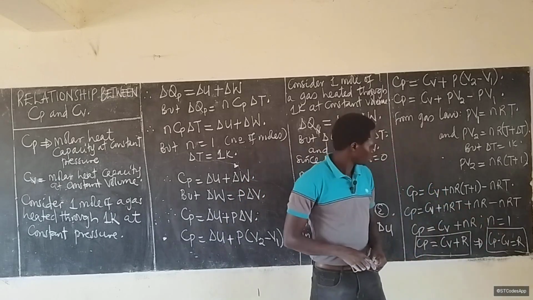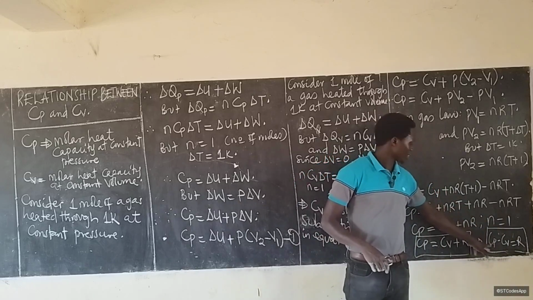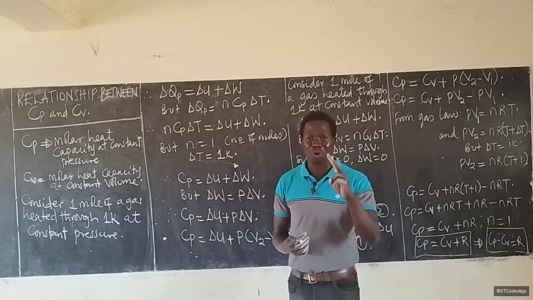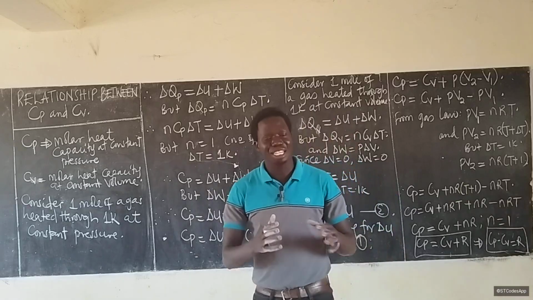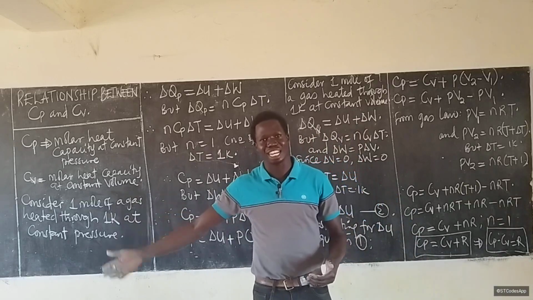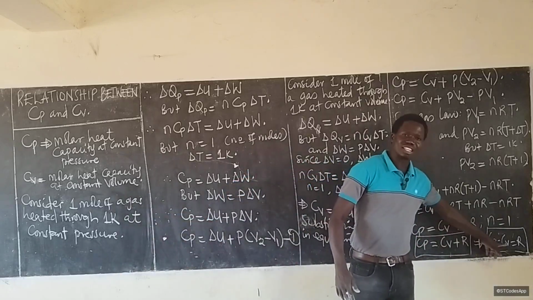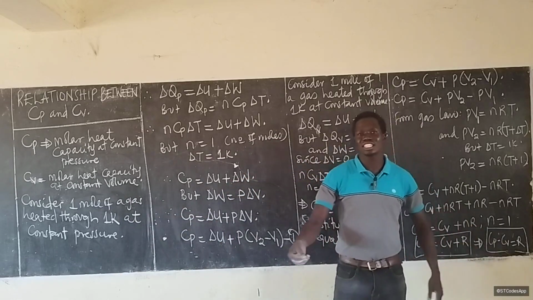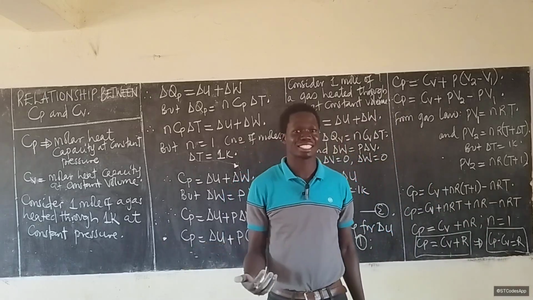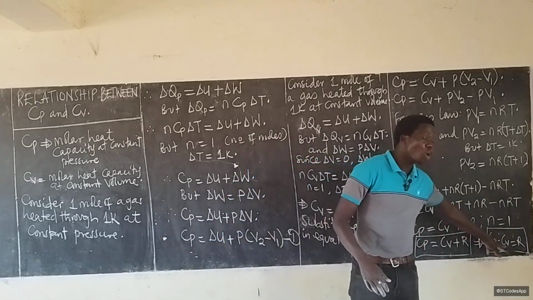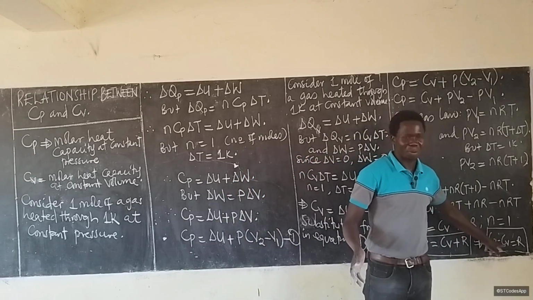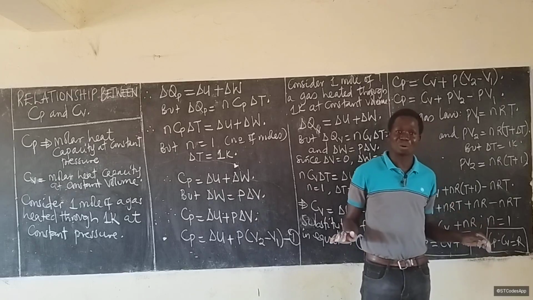The reason being, at constant pressure, the heat that is being supplied goes to do two things: it increases the internal energy of the gas and also does the external work. But at constant volume, the heat that is being supplied only goes to increase the internal energy of the gas, and there is no work done externally for expansion of the gas, because the volume remains constant.